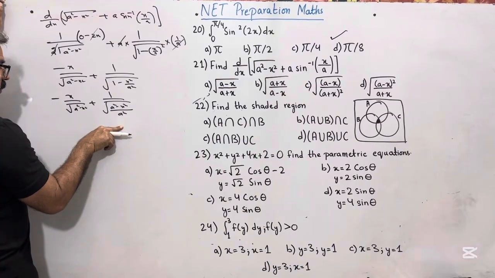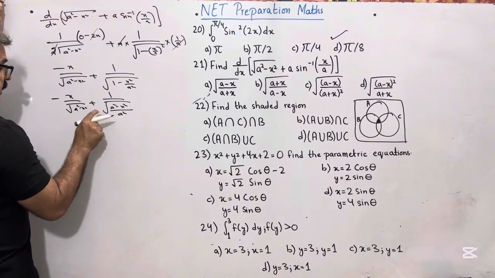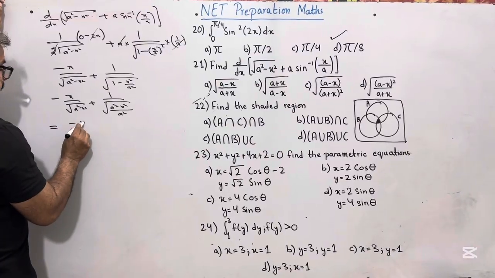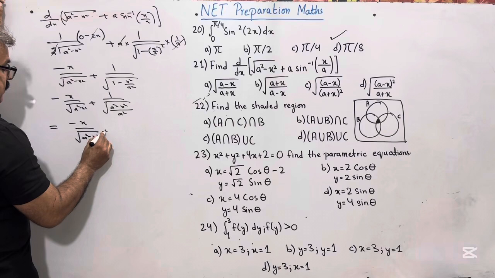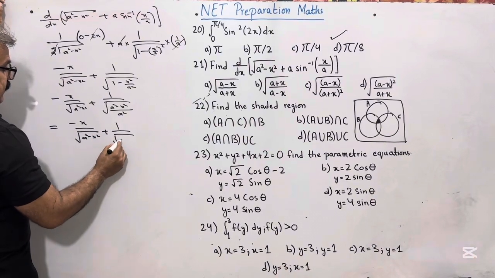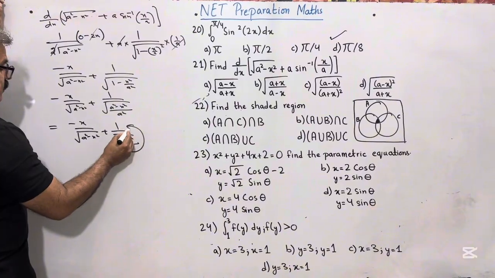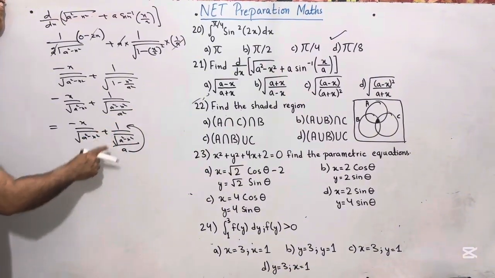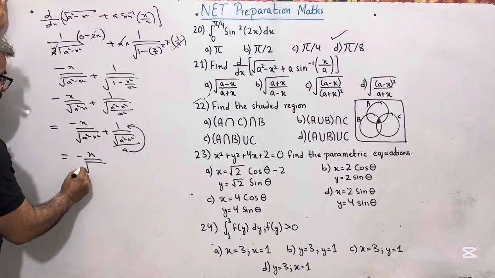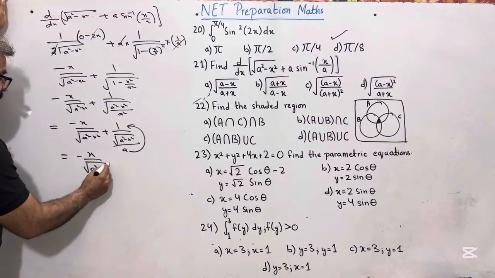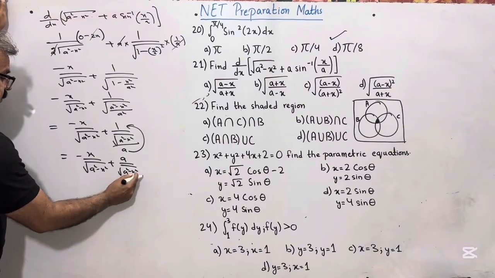It is a perfect square quantity, a square. It will come out of the denominator, out of the square root. It will become a. So we have minus x over root of a square minus x square, plus 1 over root of a square minus x square over a. Owing to the property of double division, a will be in the numerator. We have minus x over root of a square minus x square, plus a over root of a square minus x square.